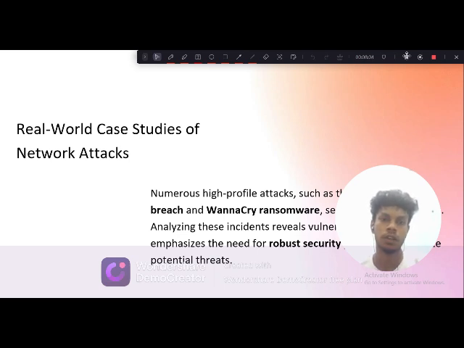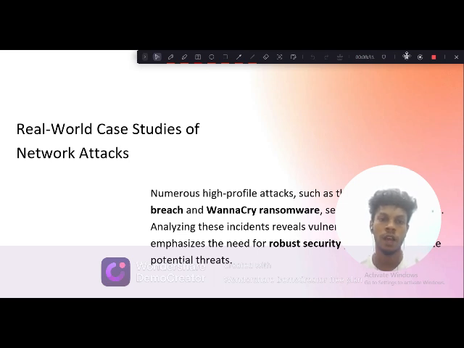Ransomware payload: once inside, WannaCry encrypted files on the system, and the victim saw a ransom note demanding 300 to 600 Bitcoin to unlock the files. Self-spreading, worm-like behavior: unlike many ransomware, WannaCry spread automatically across networks without user action, making it highly contagious.